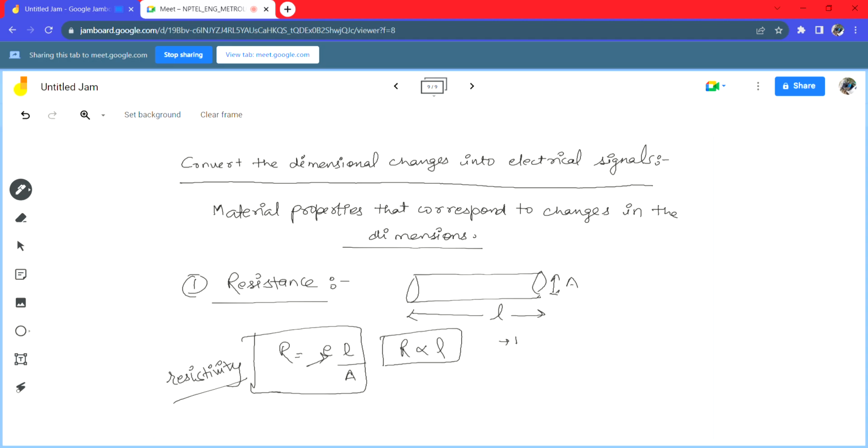We have been doing several experiments previously, like diaphragms or bellows or Bourdon tubes, in which the pressure was being used to create changes in the length.